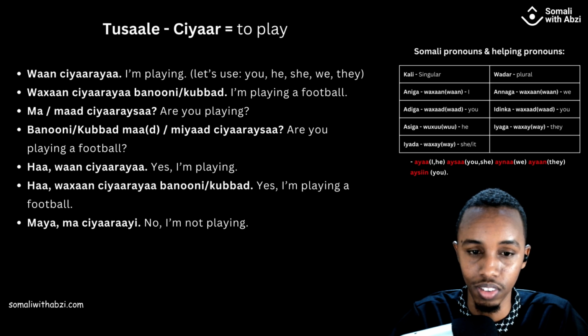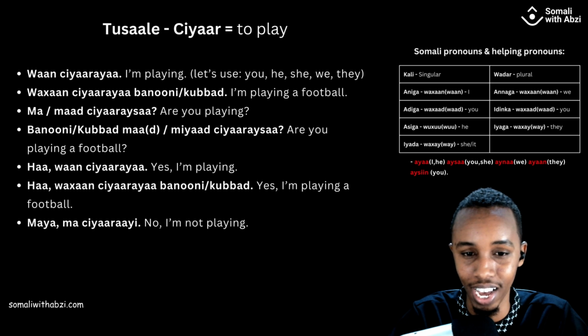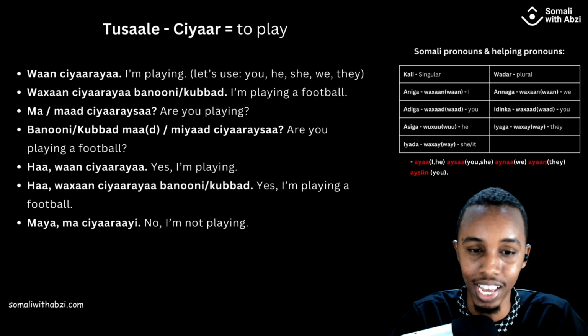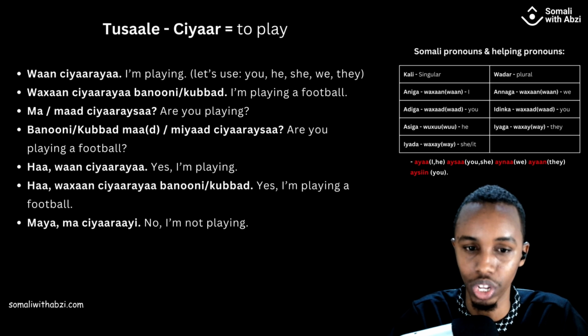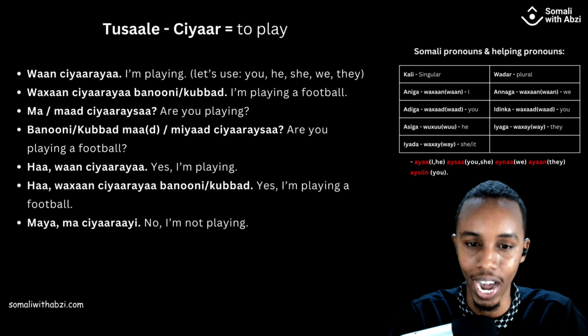The first sentence is waan ciyaaraya. That's I'm playing. So you're also going to do you, he, she, we, they, and you plural. So waan ciyaaraya, we said, is because ciyaar is the verb. Aya is the ending, like ing, in Somali for I, and waan is the helping pronoun for I, especially the shortened helping pronoun. The long one was waxaan.